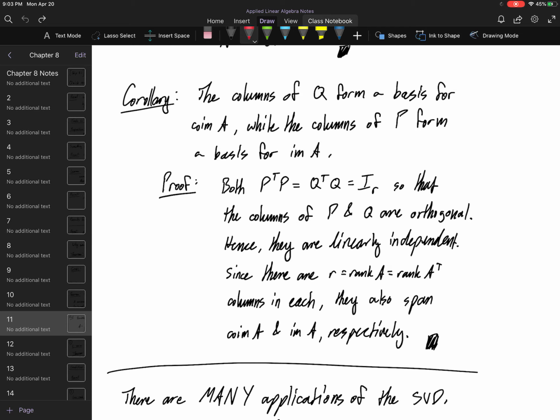There are r of them, so they must also span the co-image and the image of A, respectively. So instead of showing that they're linearly independent and span, I'm going to use the fundamental theorem of linear algebra to show that, sure, they're linearly independent and there's the right number of them. They automatically span the spaces that I'm looking for.